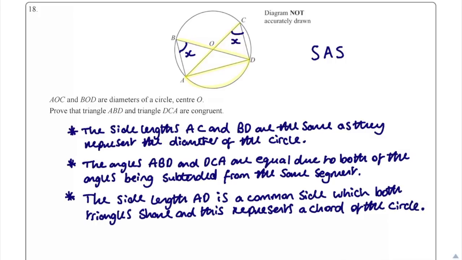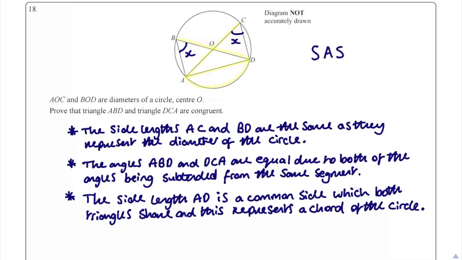And from writing those three statements, we have proven that the triangles ABD and DCA are congruent, because we've looked at the sides AC and BD, we've looked at the sides AD, which is a common side that both triangles share, and then we've looked at those angles which I've marked X.